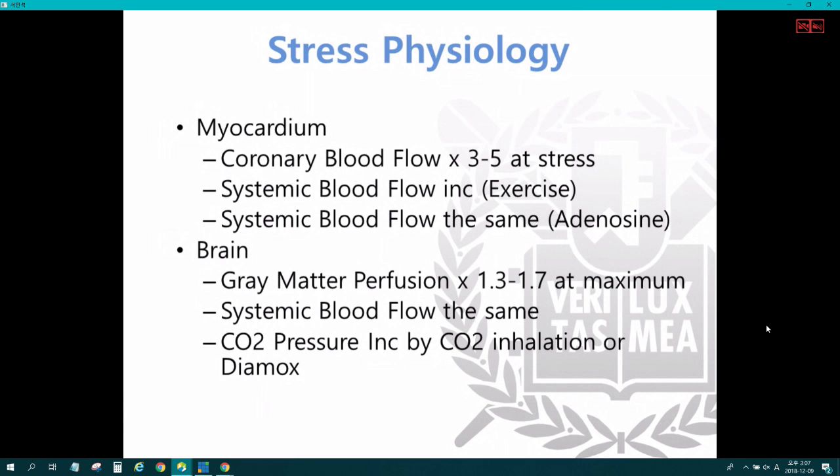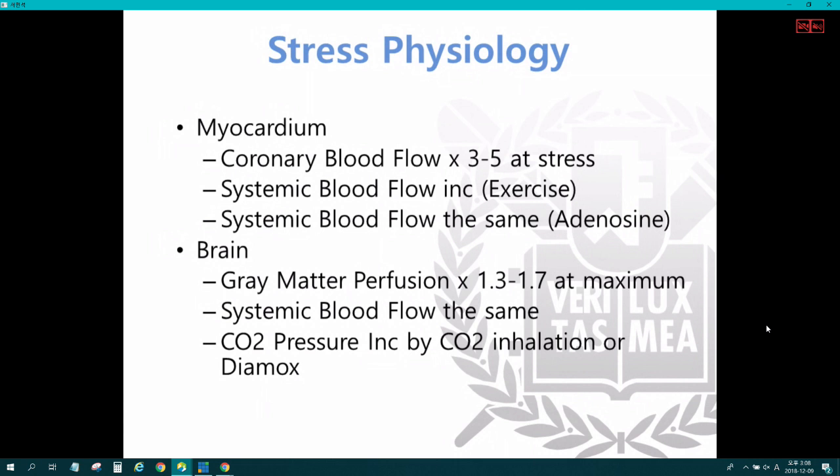Your brain perfusion is going to increase because the skull is closed. And then after 1 hour, the CO2 pressure of your brain is increasing, your brain blood flow is increasing, and lactate accumulates in the interstitial space, and you get drowsy. That's the one I'm interested in. Anyway, systemic blood flow depends on CO2 pressure.